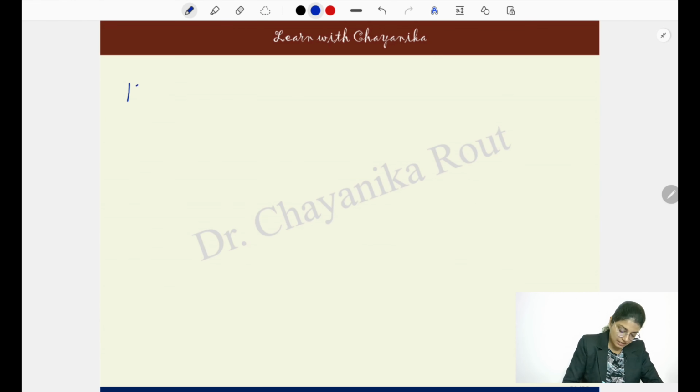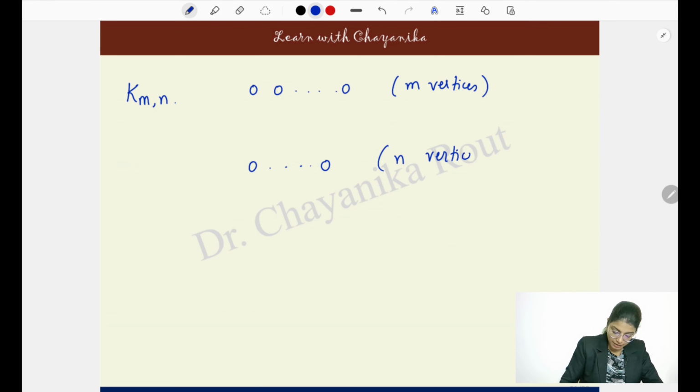Now let's discuss some very important properties of the complete bipartite graph Kmn. Kmn means there are m vertices in one partite set and n vertices in the other partite set. It is complete bipartite, so every vertex here is adjacent to all the vertices below. Same holds for the other vertices also.